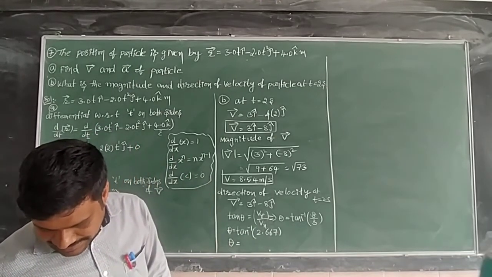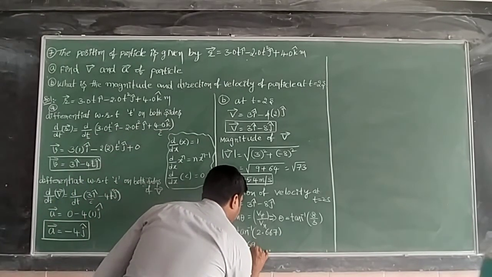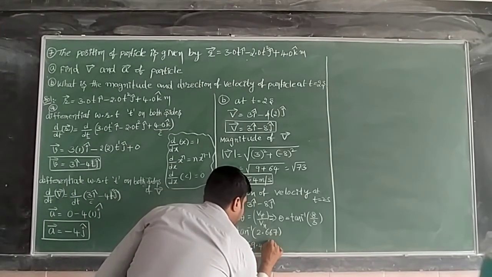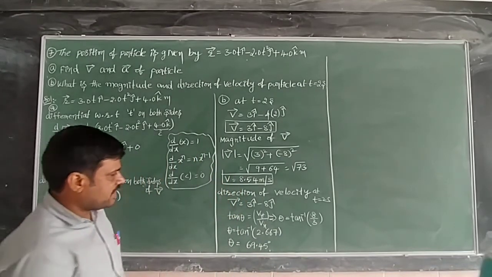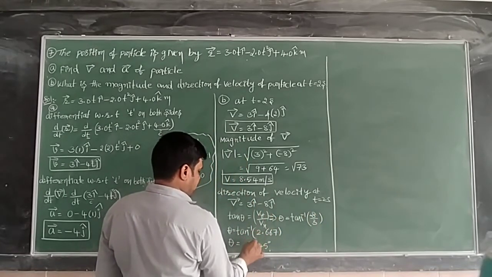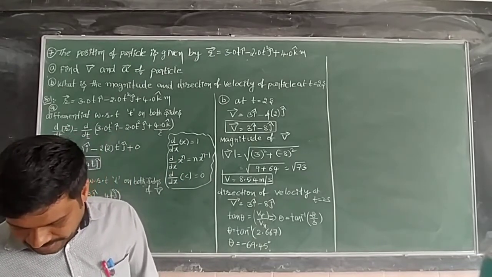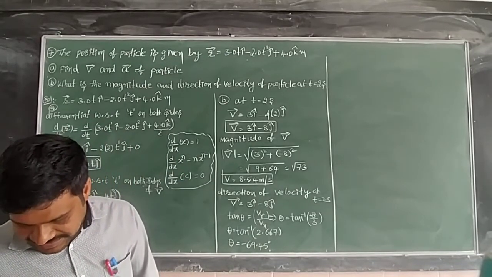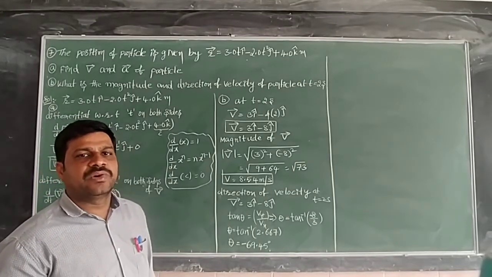That angle is 69.45 degrees. Here there is a minus sign, so it is a negative angle. What it tells us is that the velocity is below the x-axis.